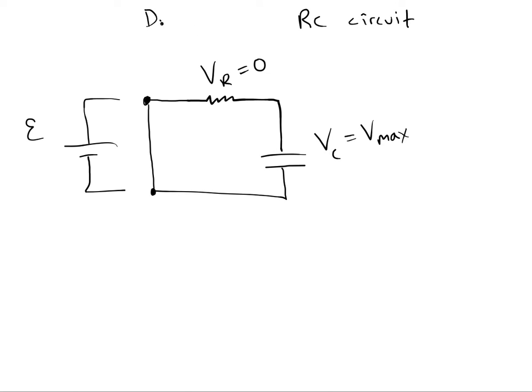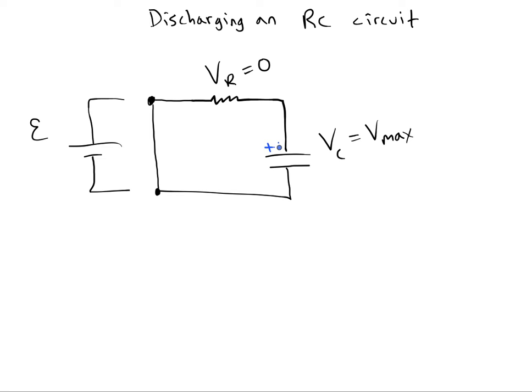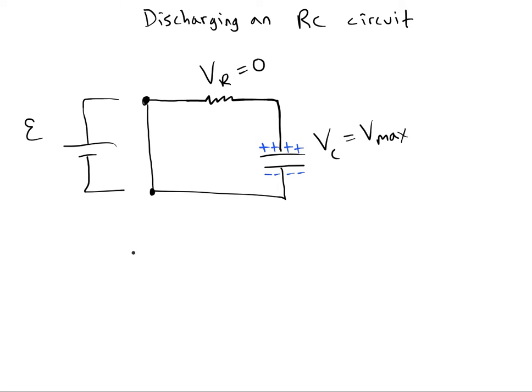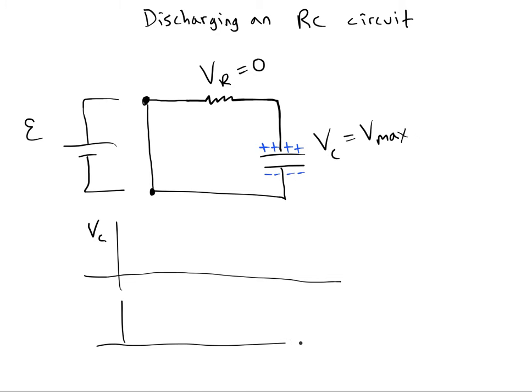But we are now discharging it. How does the voltage across the capacitor and the voltage across the resistor change with time?